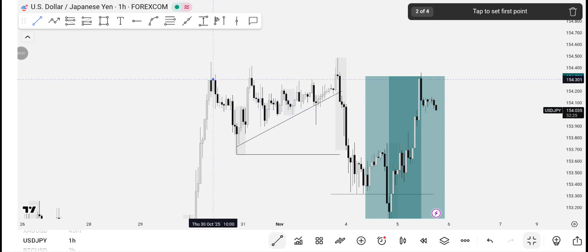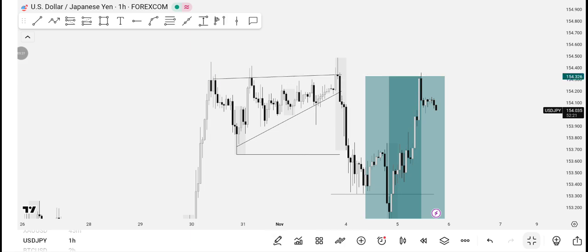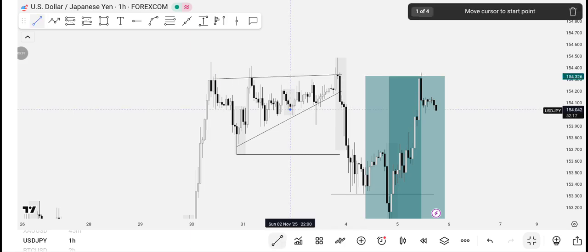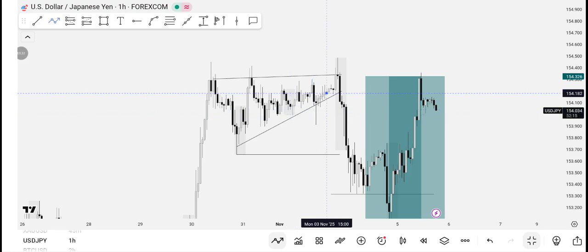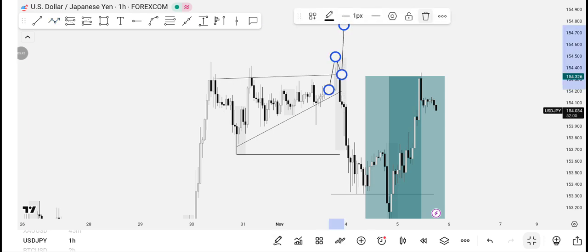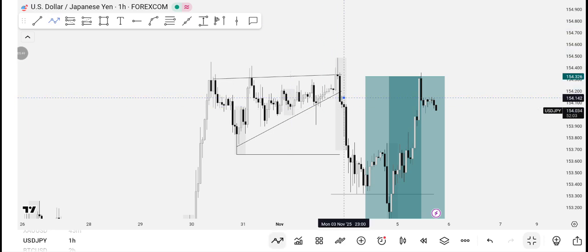This is a chart pattern showing that markets will either break this zone, then break this zone with a full body candle. Remember, a full body candle. Break that zone, then continue buying. Or markets will break this zone with a full body candle, then continue selling.